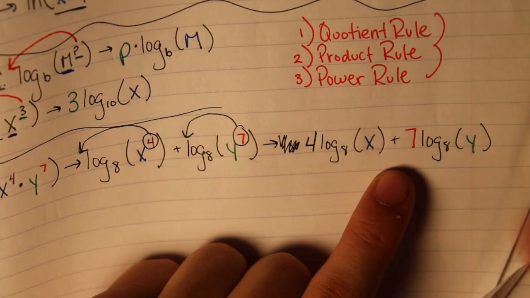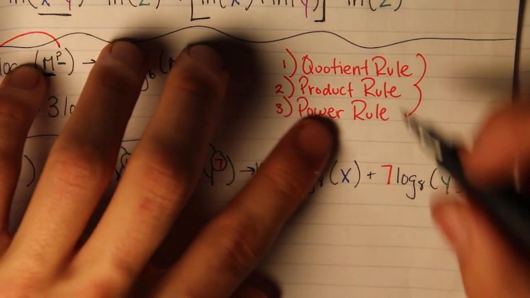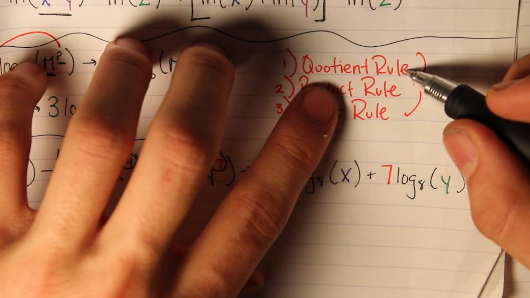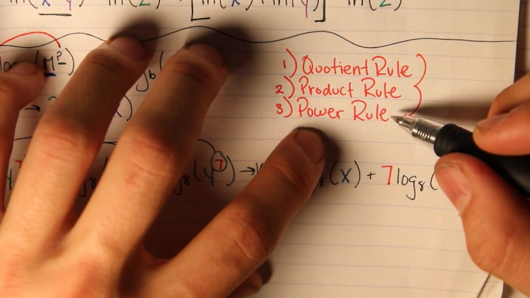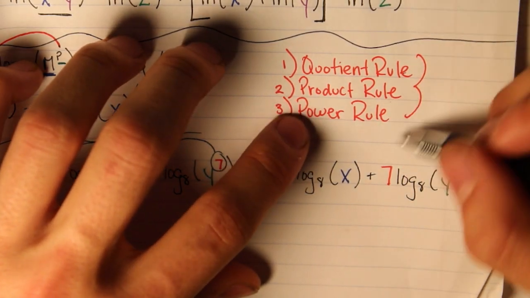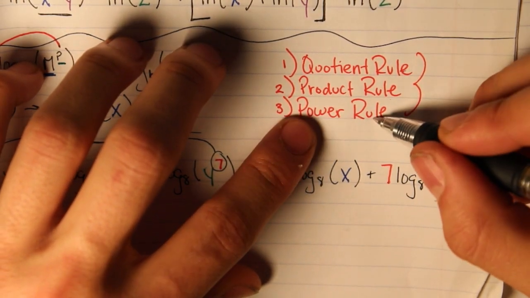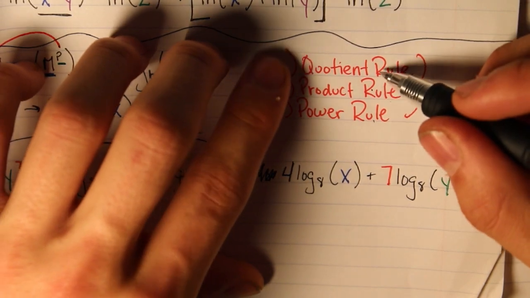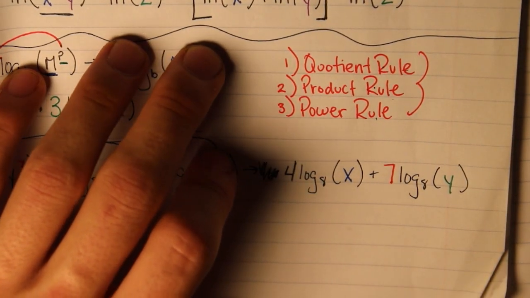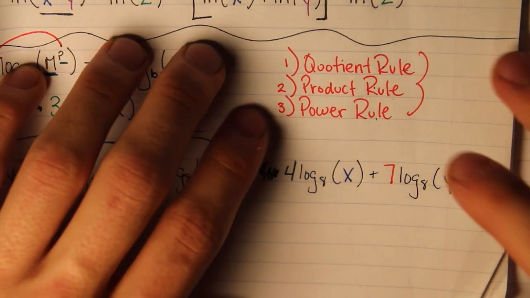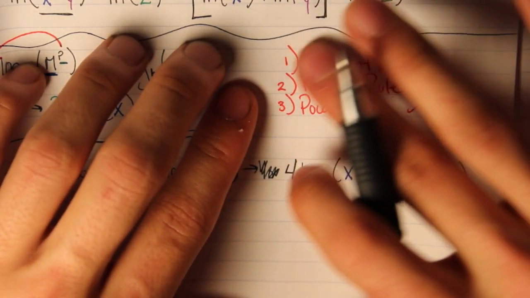Same process. When expanding, I look for quotient, then product, then power. If we're doing it in reverse, we're looking for power, then product, then quotient. That's how I personally like to do it. You don't have to do it that way, but I think that's what makes the most sense when working it out.